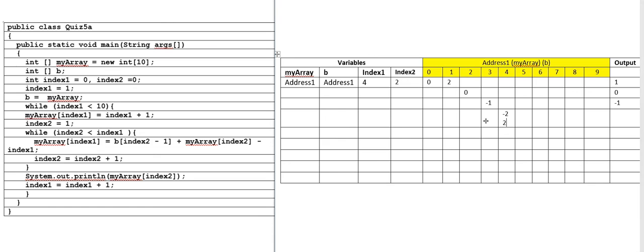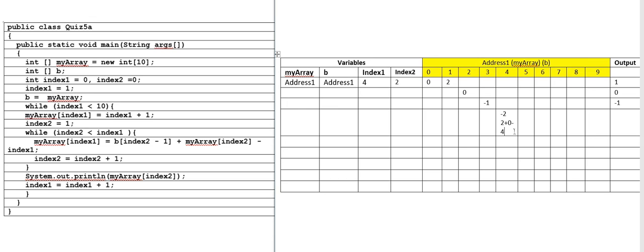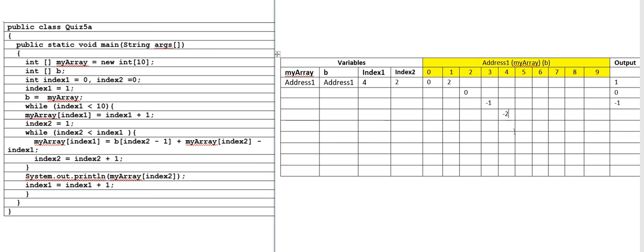So we add the value of the previous index of index 2, which is 2, plus the current index at index 2, which is 0, and we subtract 4, which is the value of index 1. We get 2 minus 4, we get -2. So we're clearing all of it for better visualization purposes.